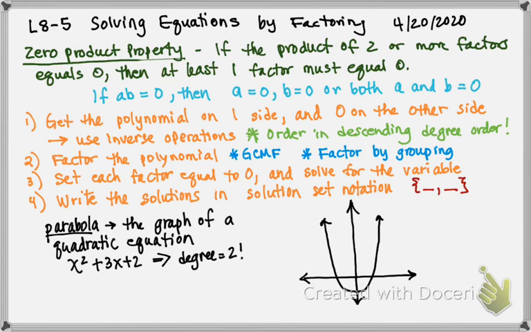So where it crosses the x-axis, that's what I typically am going to get, is the x-intercepts, roots, solutions. Okay, these guys, parabola generally speaking crosses the x-axis in 2 locations. So this is most common.